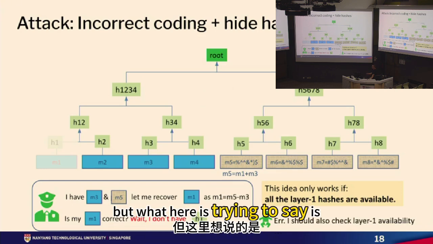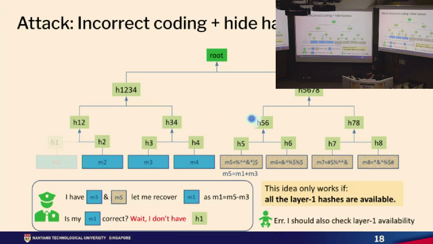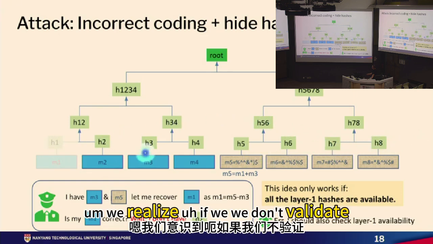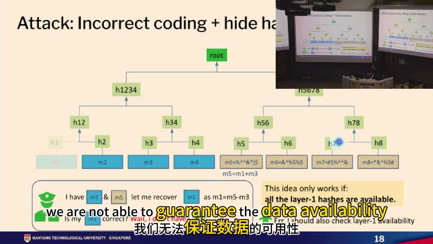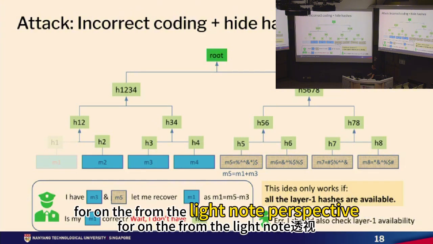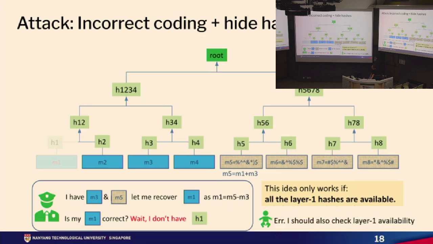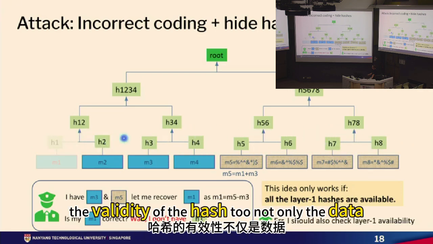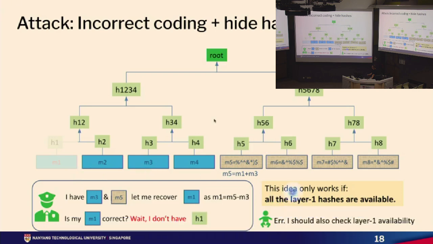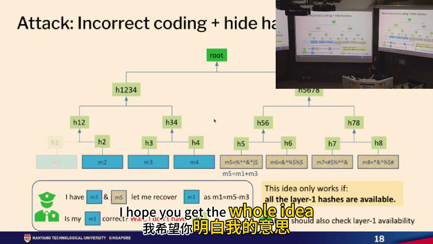What we are trying to say here is, we realize that if we don't validate all the hashes, whether the hash is hidden or not, we are not able to guarantee the data availability from the light node perspective. Because of that, we realized we have to check the validity of the hash too, not only the data. I hope you get the whole idea.